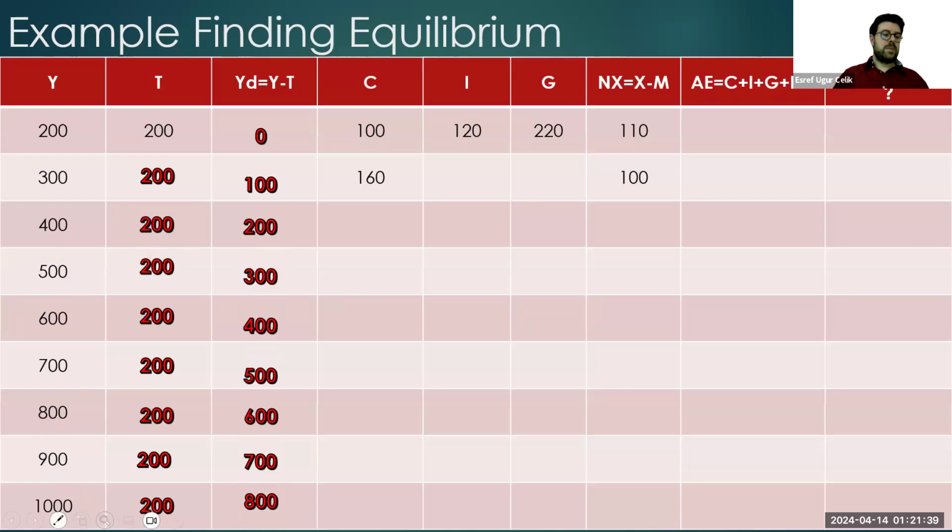What about the consumption part? What is the difference here? It increases by 100. Sorry about my painting. When income changes by 100, what about the change of consumption? 60.